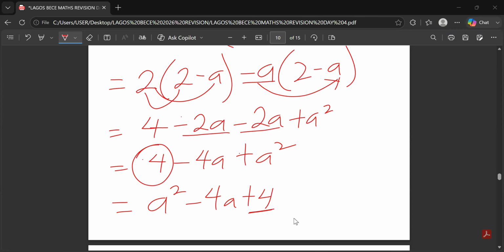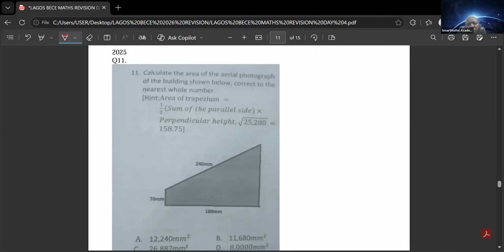Okay, so that is where we stopped. Let's go to the next one. This is 2025 question 11. Calculate the area of the photograph of the building shown below, correct to the nearest whole number.